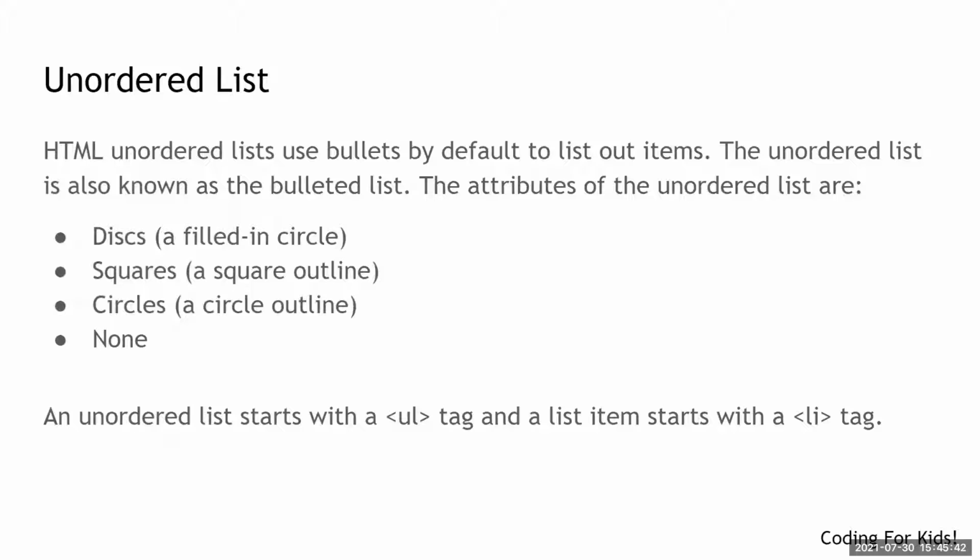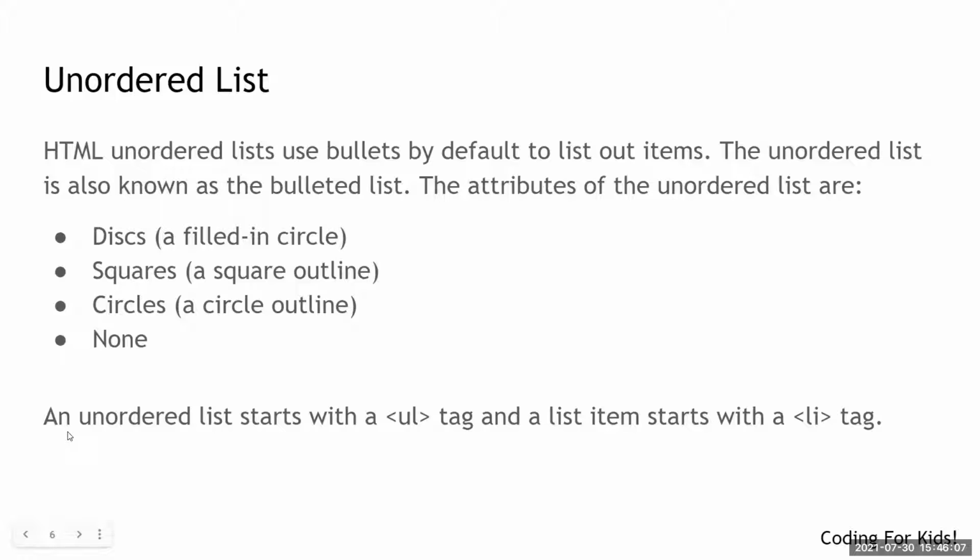Now let's look at unordered lists. An HTML unordered list uses bullets by default, just like how we have it right here. It uses bullets to list out items. The unordered list is also known as the bulleted list. The attributes of the unordered list are discs, squares, circles, and then you can also put none. None is not that common.